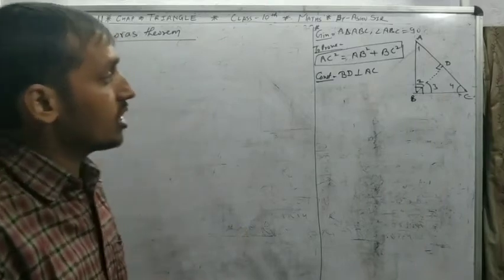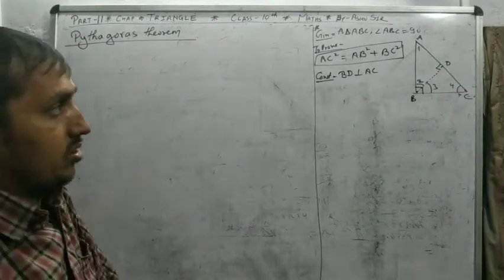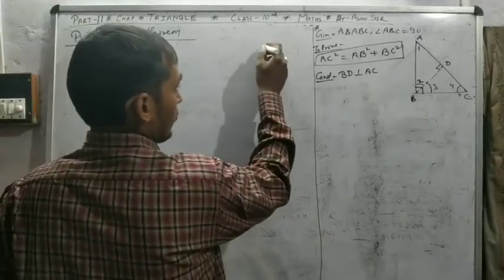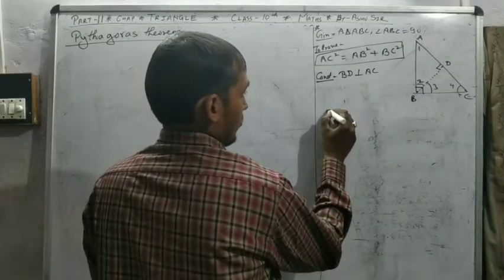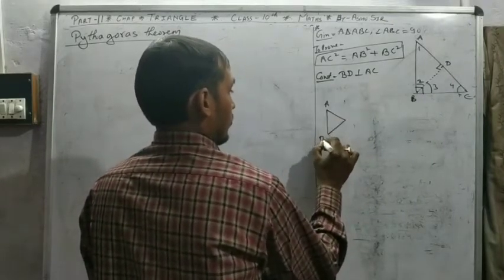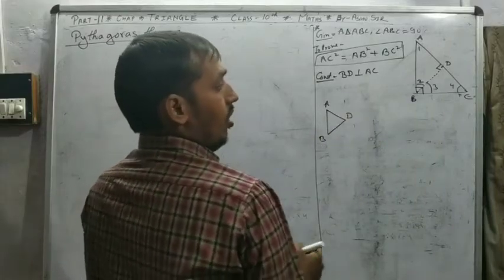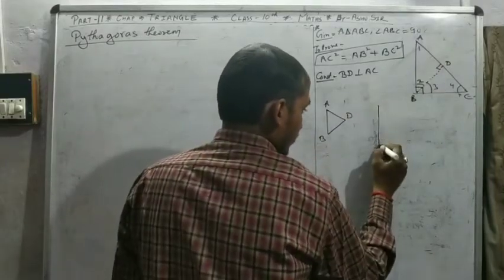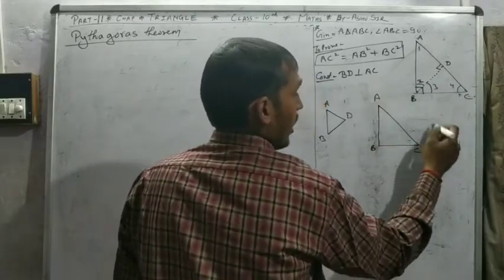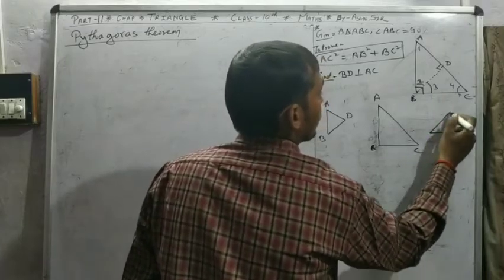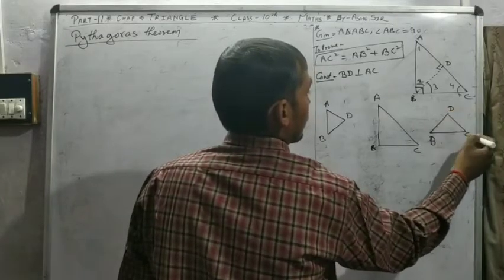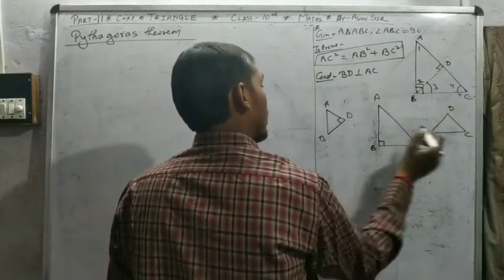So after this you can see there are 3 triangles: ABD, ABC, and BDC. These are all 3 right triangles.